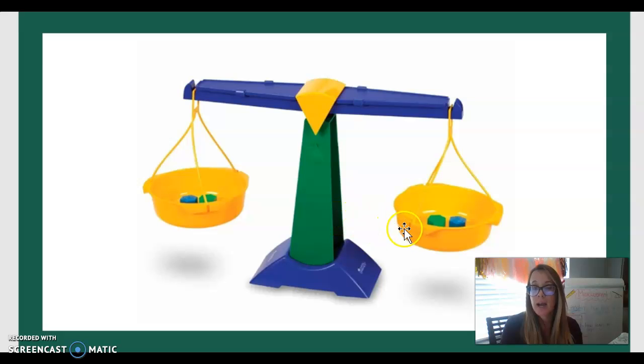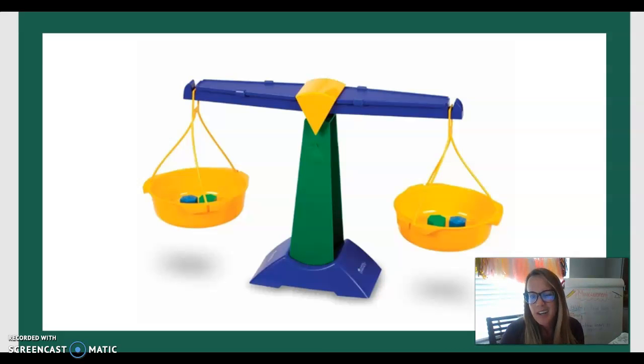But if I were to add my can of soup to this side, would it then be lighter or heavier? Right, it would be heavier. And so think like when something is so heavy, it's hard to pick up and it just like weighs you down. So if I were to put my soup in here, it would weigh this side down and then it would look like that. So that side would be hanging down.